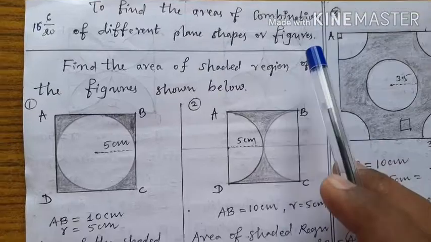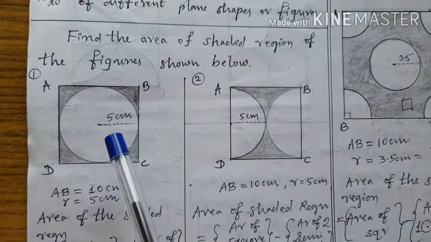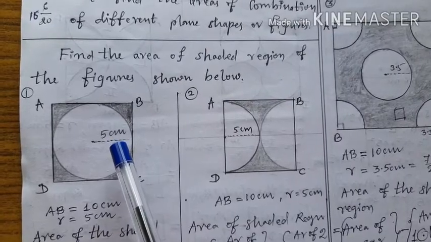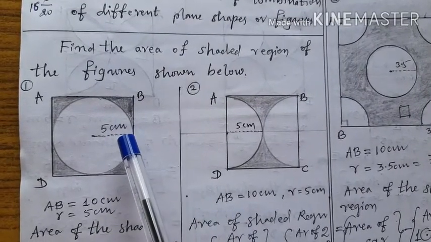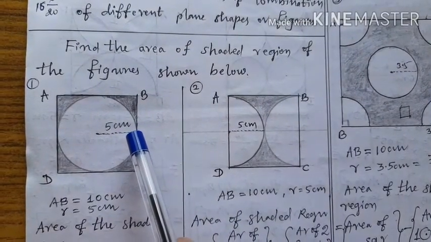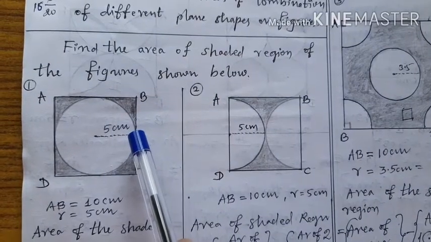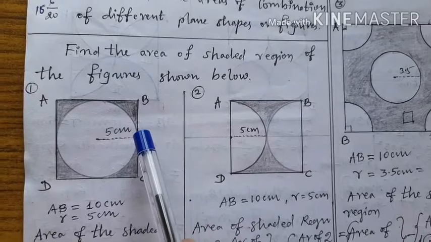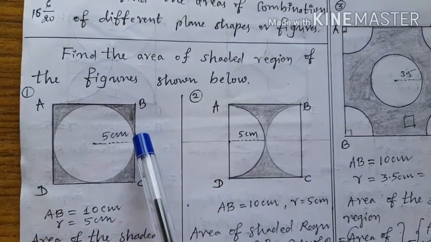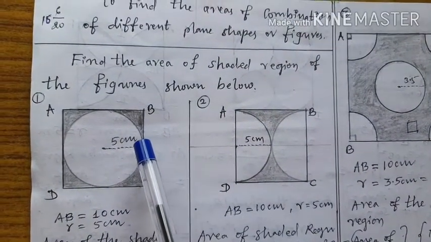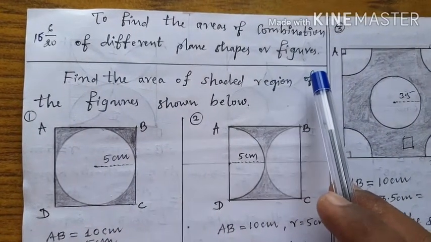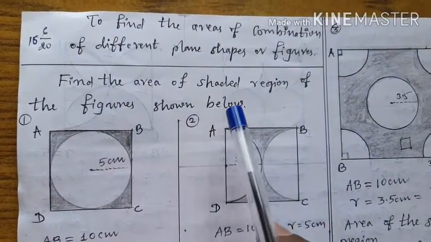To begin with, let us consider some shapes which are not basic shapes. They are combinations of different shapes, but we need to find the area of the shaded region in the combination of these plane shapes. Find the area of the shaded region of the figures shown below.